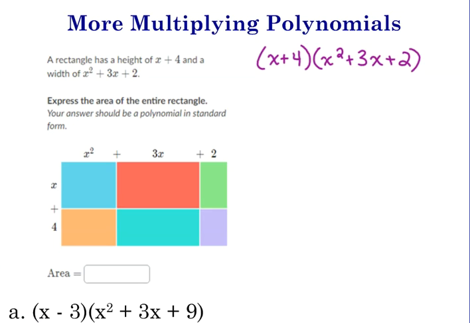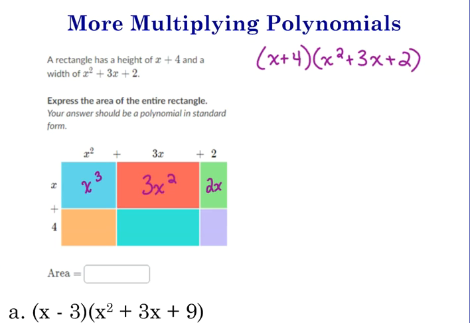Okay, so x times x squared is x cubed. X times 3x is 3x squared. X times 2 is 2x.